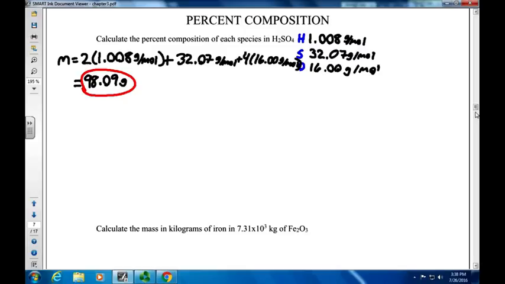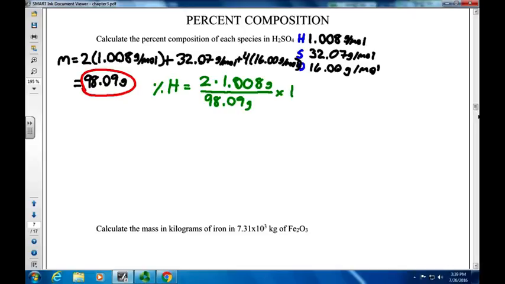So let's start with hydrogen. Percent hydrogen should equal 2 times, because there's 2 hydrogens in sulfuric acid, 2 times 1.008 grams all over the mass of the molecule itself, which is 98.09 grams.